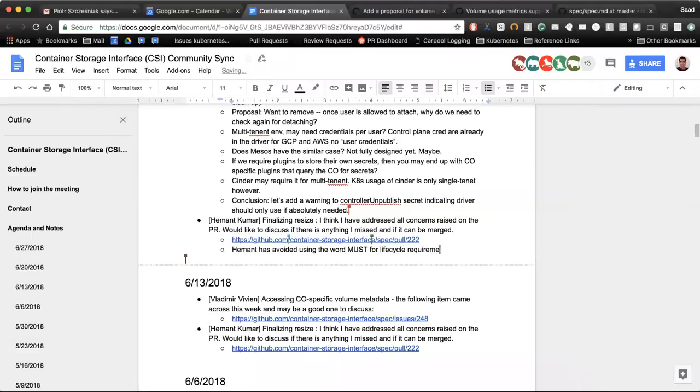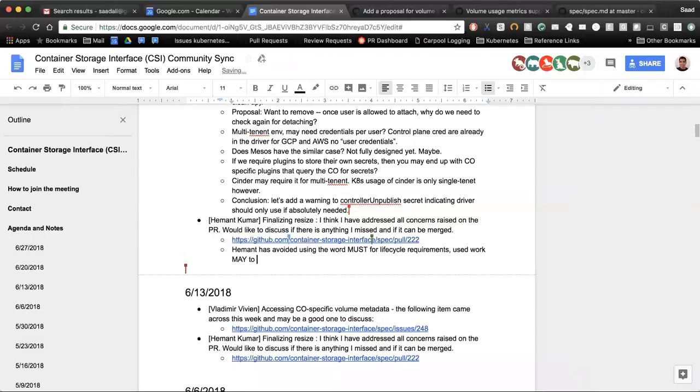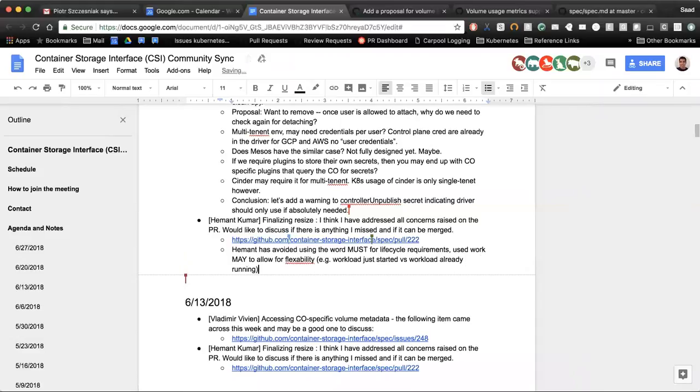I have used the word may there, and I think that makes more sense. In some cases, like when the workload is just starting on the node, the CO may want to call node expand volume after node stage volume. But if the CO is resizing an already running, in-use volume, then it might want to call node expand volume after both node stage and node publish have already been called.